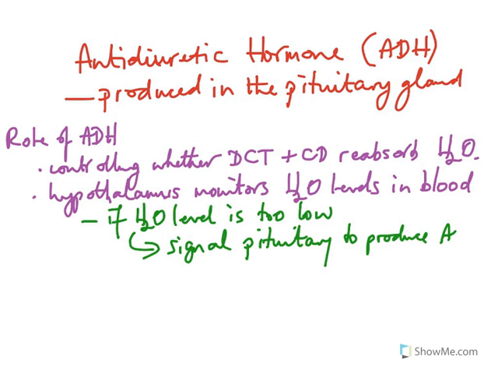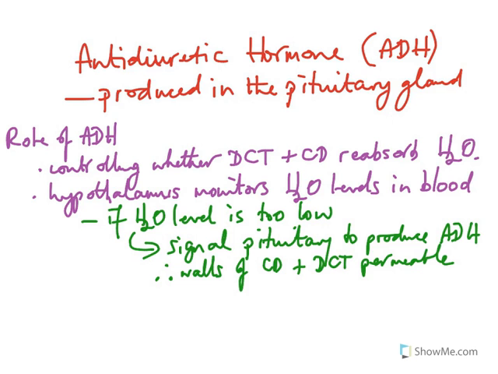The ADH is secreted into the blood by the pituitary gland, and off it goes to the kidneys. What it does is increase the permeability of the walls of the DCT and the collecting duct, so that water can be reabsorbed. The walls of the CD and the DCT become permeable, and you get water reabsorbed.